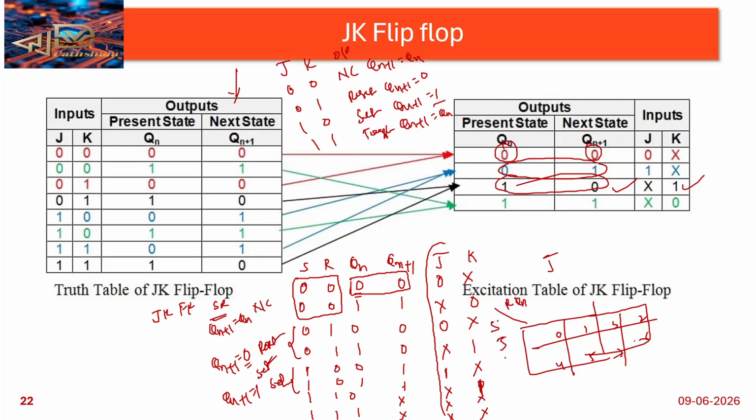So S bar, S, R bar Qn bar, R bar Qn, R Qn, R Qn bar. Again I need to place the values here. What are the values here? The J value is 0. For 0 it is 0, and then 1 is don't care.